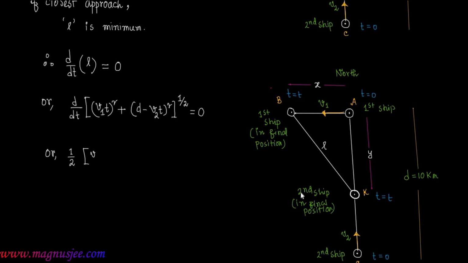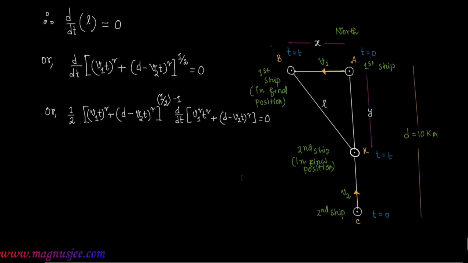Or, half into ((v1t) whole square plus (d minus v2t) whole square) to the power 1 by 2 minus 1, multiplied by d/dt of (v1 square t square plus (d minus v2t) whole square) will be equal to 0.